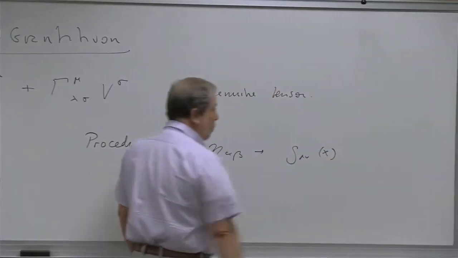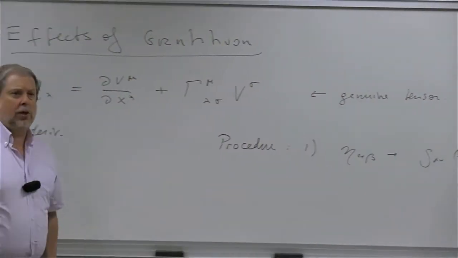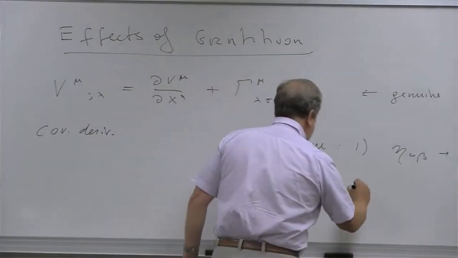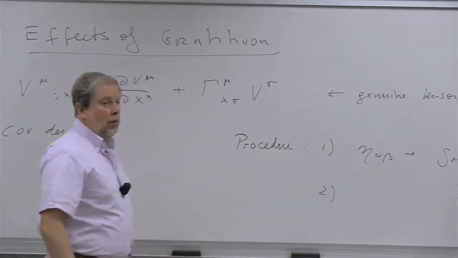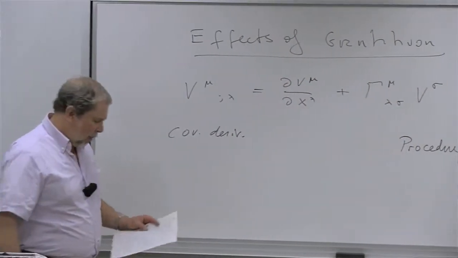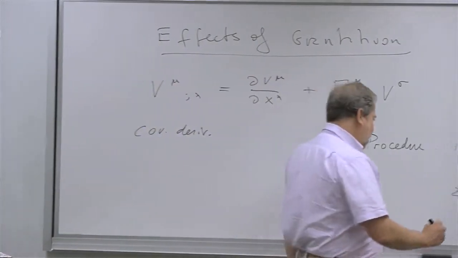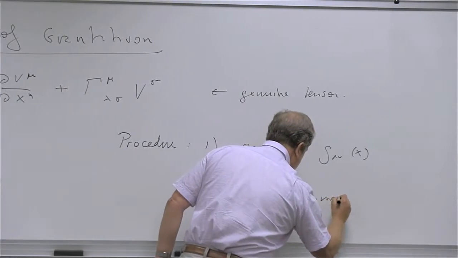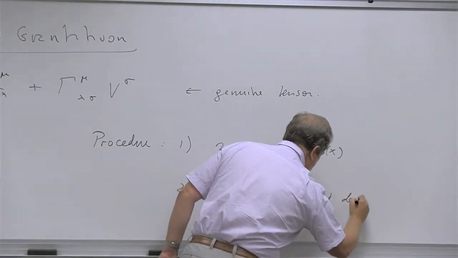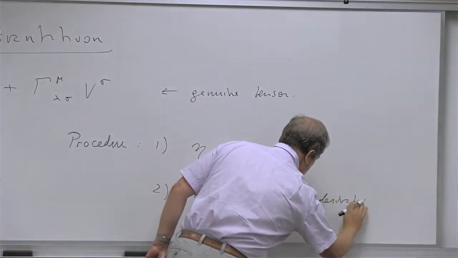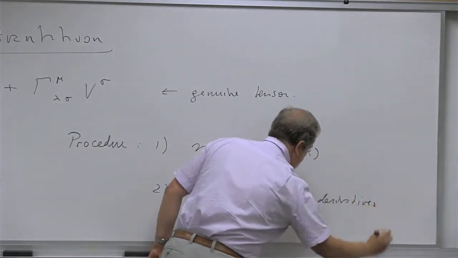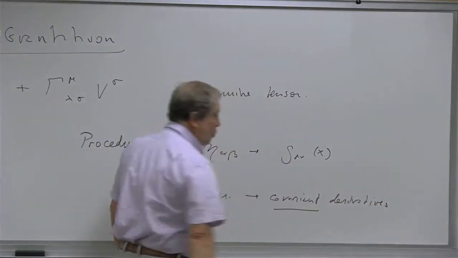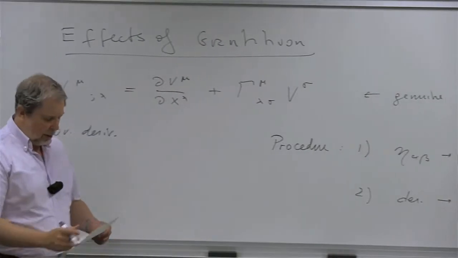Of course, that g mu nu will now depend on x, whereas in special relativity it was a constant. The second ingredient is the one that we learned last time, and that is that we replace the derivatives by covariant derivatives, and that should give us equations which are acceptable.